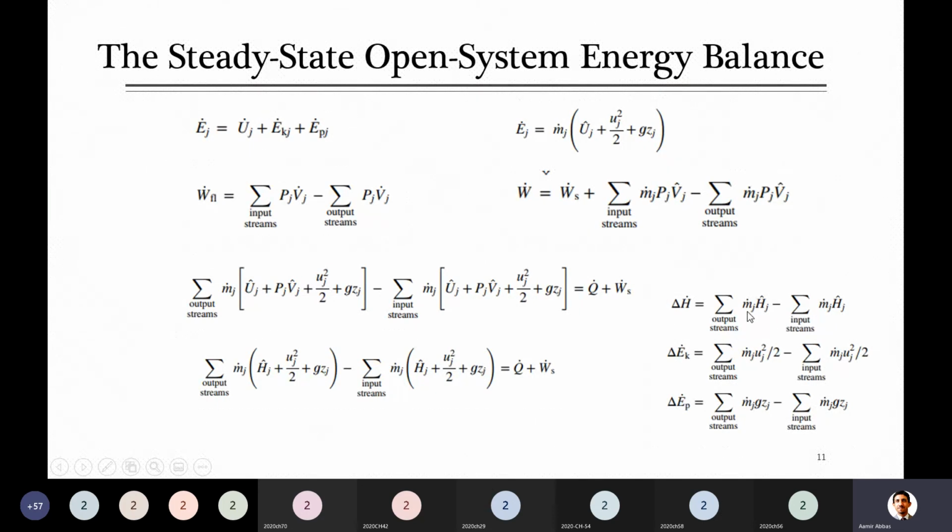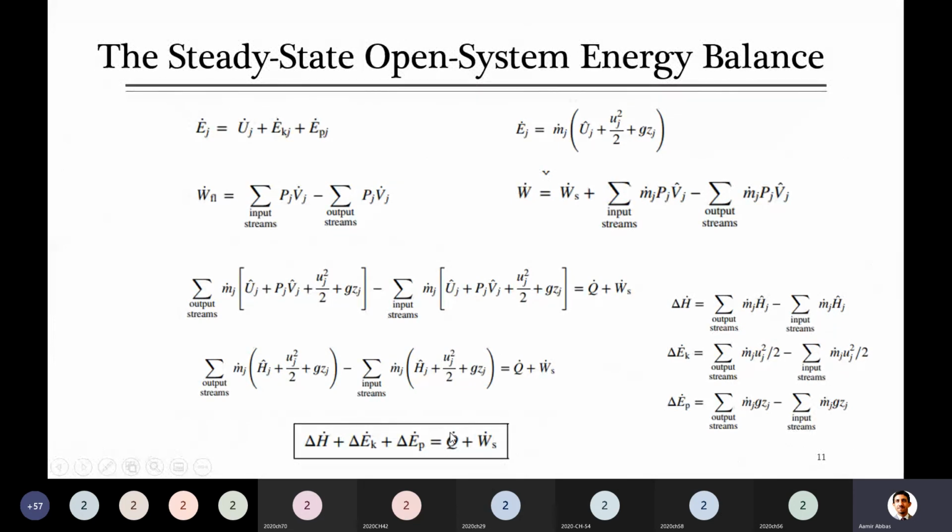As I said, this M H from the output stream minus M multiplied by H of the input stream, similarly for kinetic energy and for potential energy. So you can replace this and simplify it to get delta H plus delta KE plus delta PE is equal to Q plus WS.